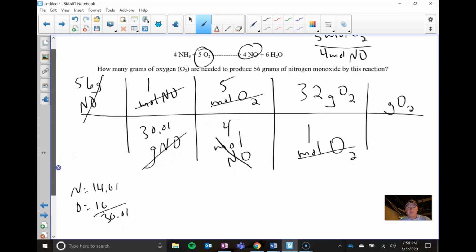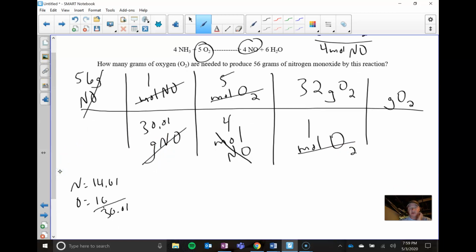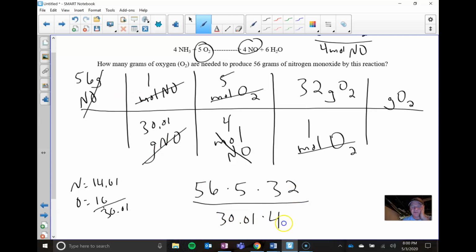And let's make sure that we do this order of operations correctly, because we multiply all the way across here. 56 times 5 times 32, and that's over 30.01 times 4. So crunch those numbers on top.